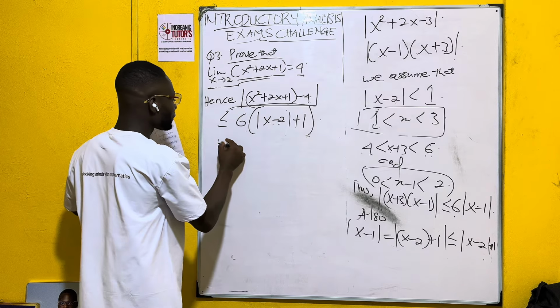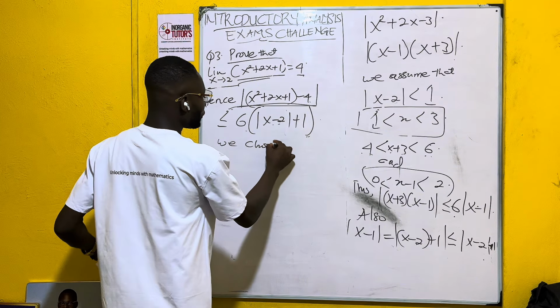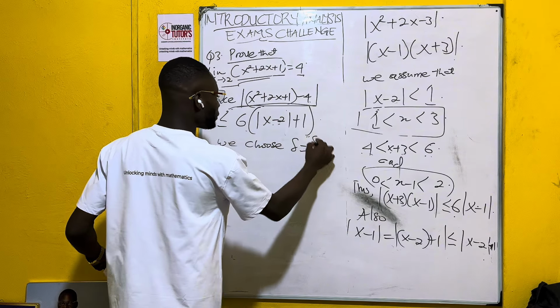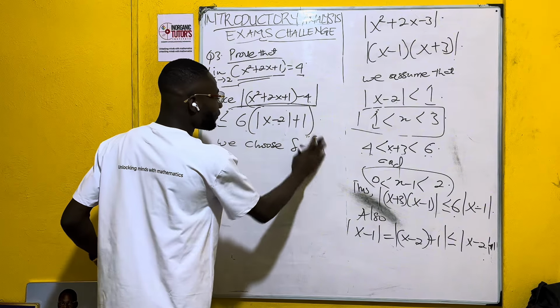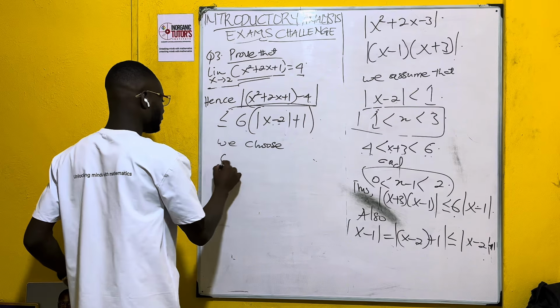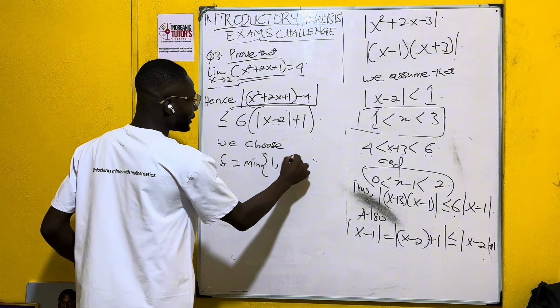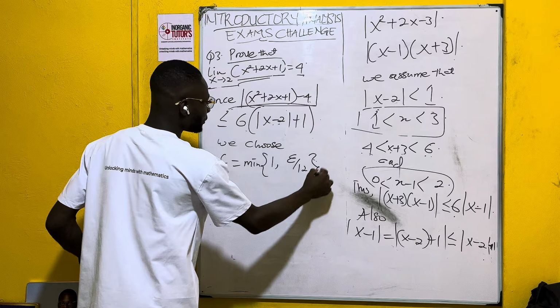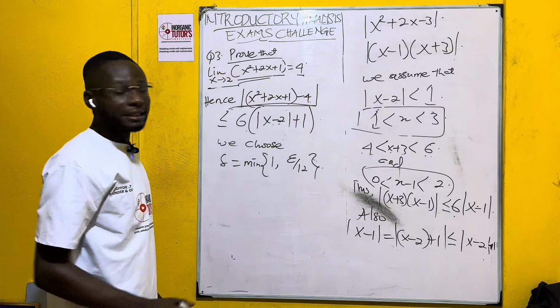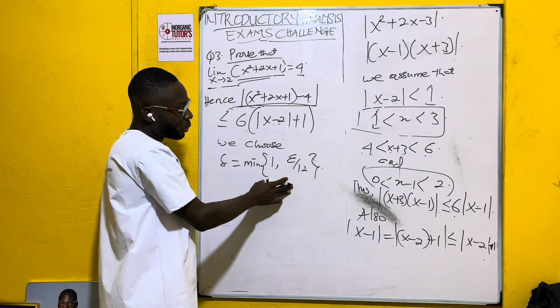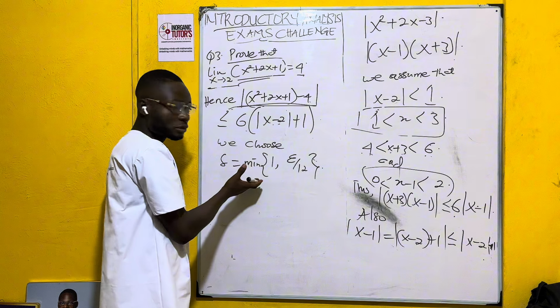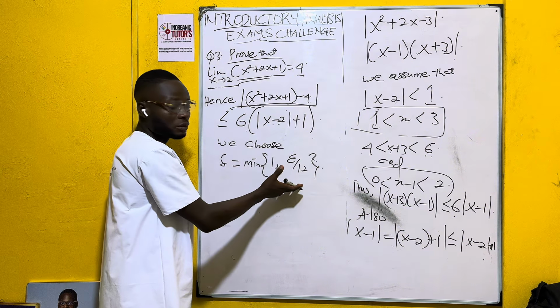So we choose delta to be equal to the minimum of 1 and epsilon over 12. So this is what we do. We choose delta to be equal to the minimum of 1 and epsilon over 12.